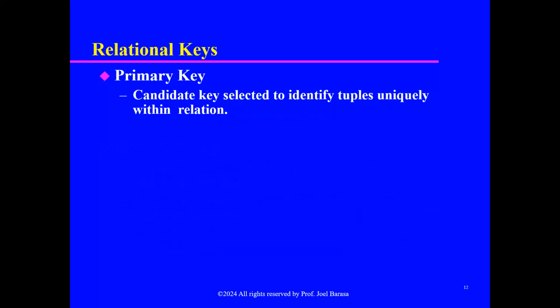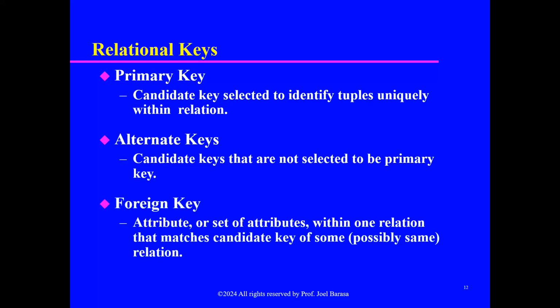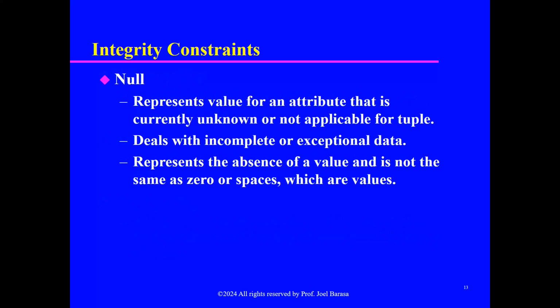A primary key is a selected candidate key that uniquely identifies tuples within a relation or a table. Alternative keys are candidate keys that are not selected to be the primary key. A foreign key is an attribute or set of attributes within one relation that matches the candidate key of another relation. So integrity here, you talk about being not null and being null.